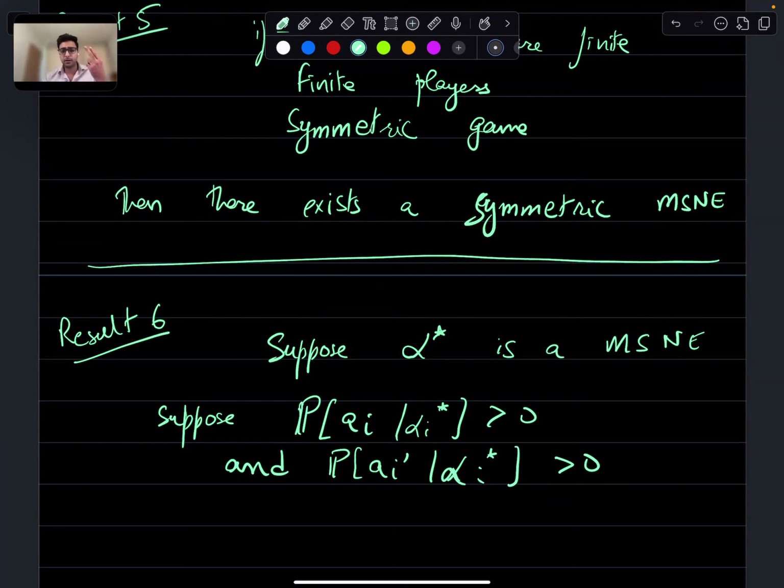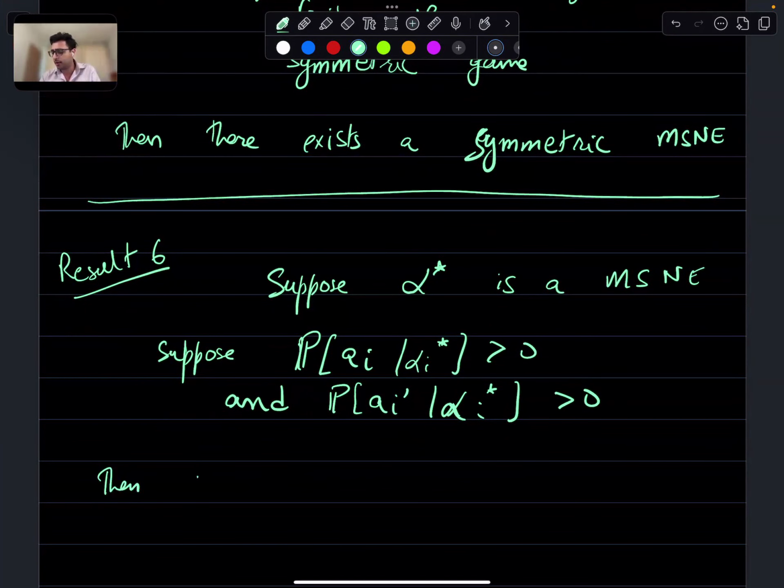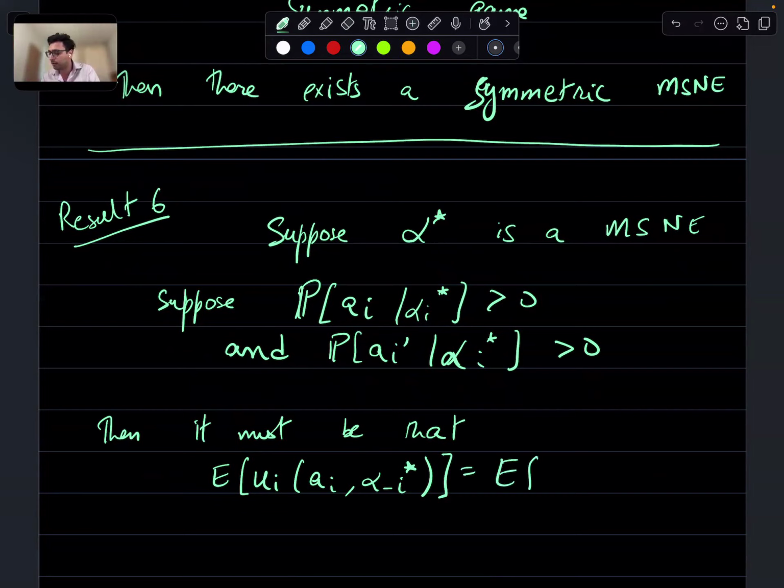So there are two actions that player one is choosing with positive probability. Then it must be that the expected utility that player I gets from choosing the action AI when other players are choosing alpha minus I star, so they're mixing according to their equilibrium strategy, has to equal the expected utility that player I gets from choosing AI prime given alpha minus I star.